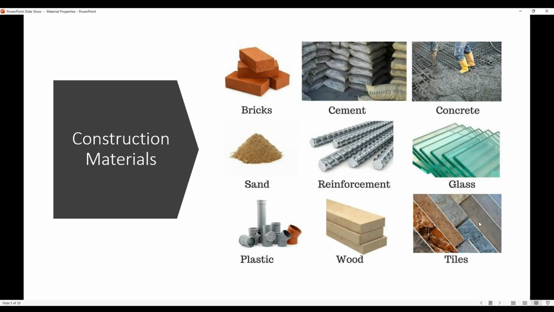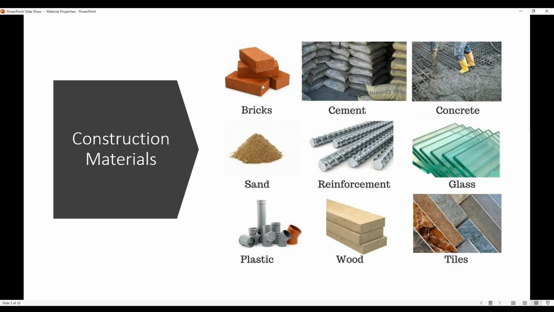Before we look at this, let's look at the different types of materials, and specifically construction materials. Which one do you think is the hardest material? Which material do you think is the most brittle? Which material do you think is transparent?